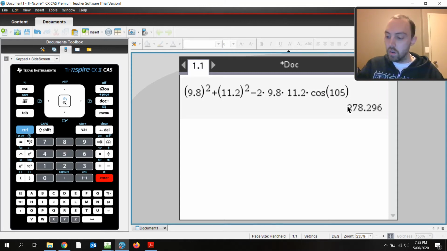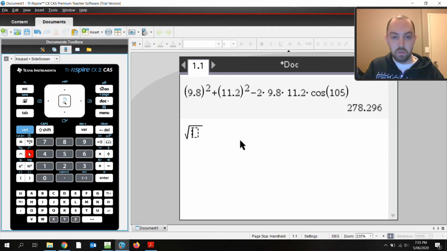Alright, and so x squared is equal to 278.26. So we need to take the square root. That is not what x is equal to.